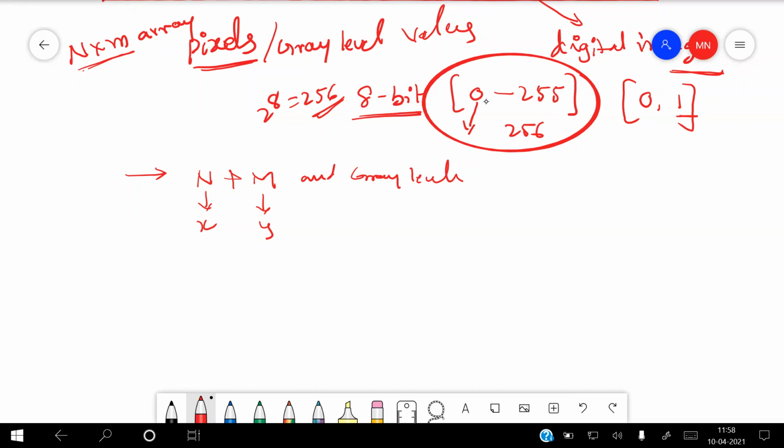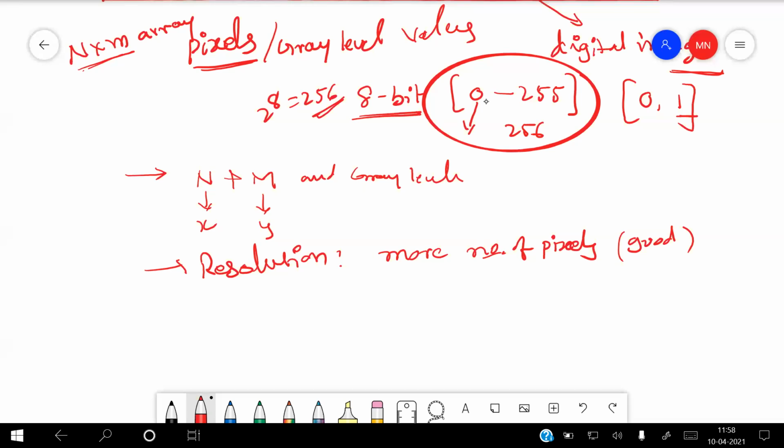So how many pixels are required to get a good quality image? That is called resolution. So how much resolution is required? A good resolution image is nothing but one with more number of pixels. That is good. Average is better, poor is bad.